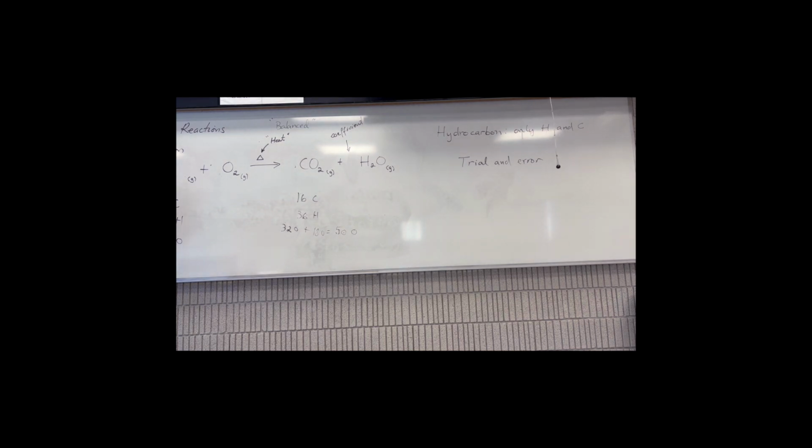So we have C7H8. You may be wondering, how on earth is that possible? This is L for liquid. Well, the formula of toluene looks like this, shorthand.